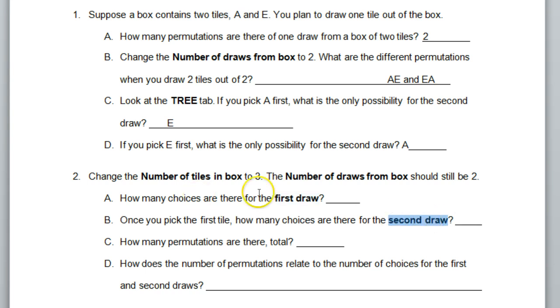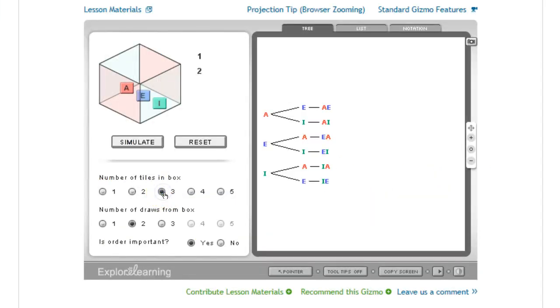So you'll notice here in question 2, we've got how many choices are there for the first draw. Once you pick the first tile, how many choices are there for the second draw? So in this case, we had 3 tiles in the box, and we're doing 2 draws. And you've got 3 possibilities for the first draw, but as soon as you take one of the tiles for your first draw, so let's simulate our first pick and our second pick.